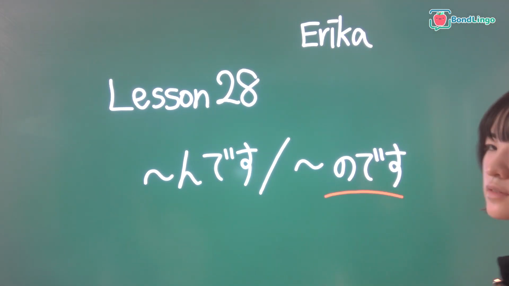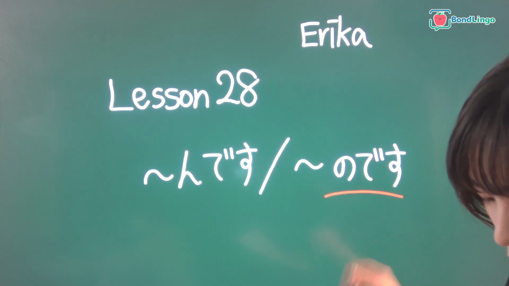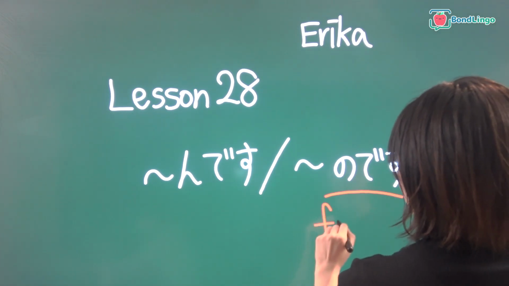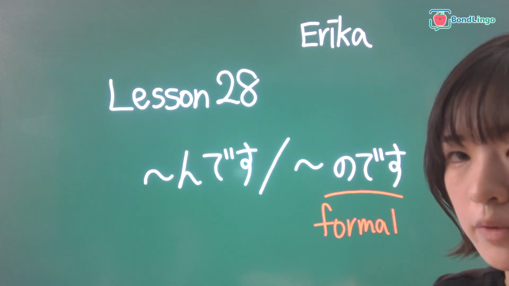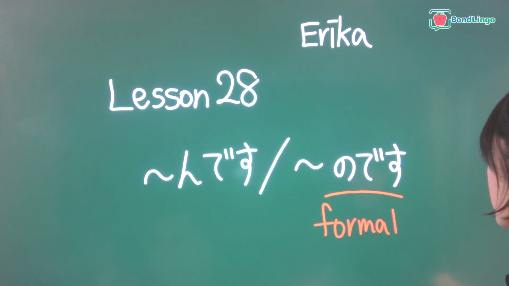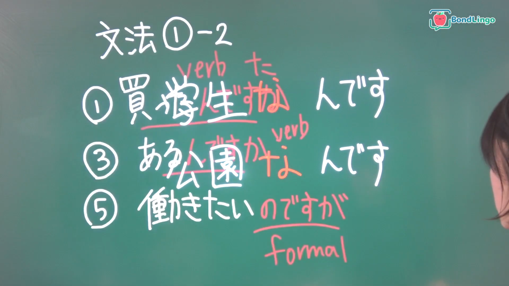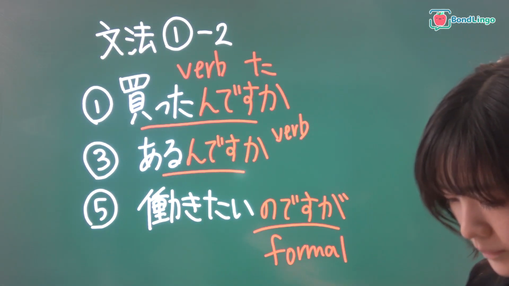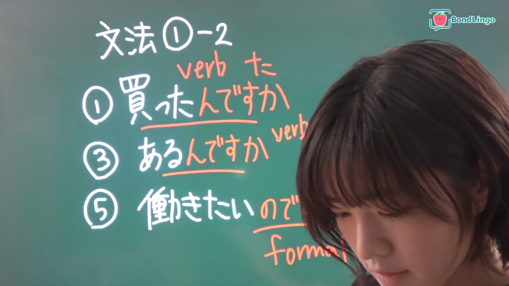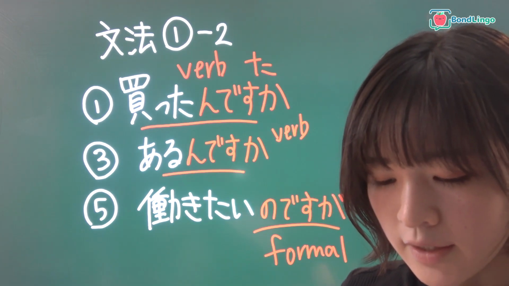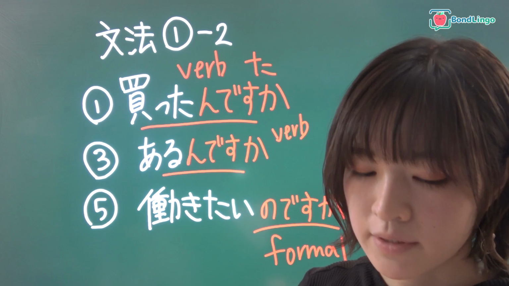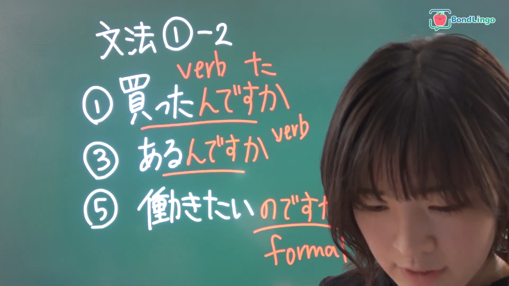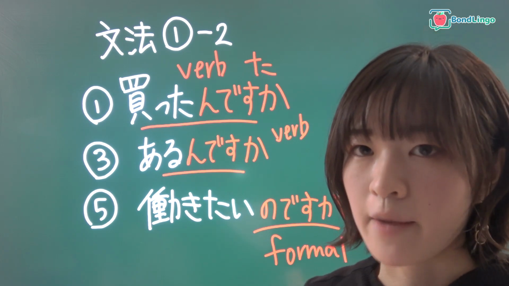But のです, we use this when we want to ask formally or say something formally. のです. Okay. And number 6. まず日本語を勉強した方がいいと思いますよ. Well, first, I think you should study Japanese.